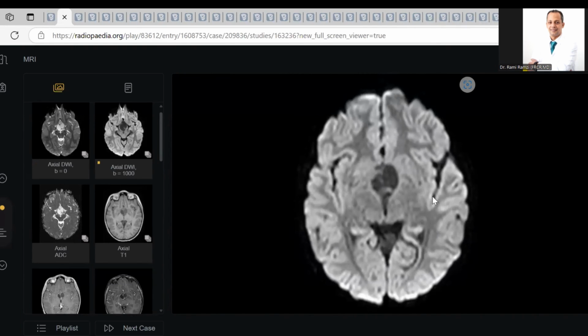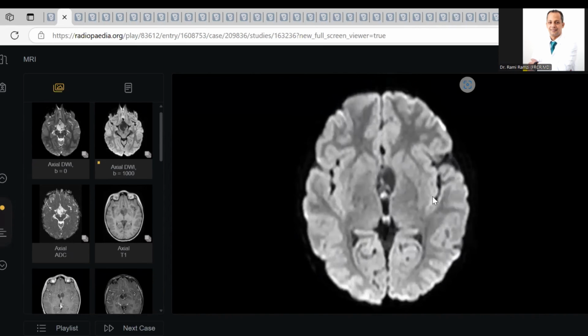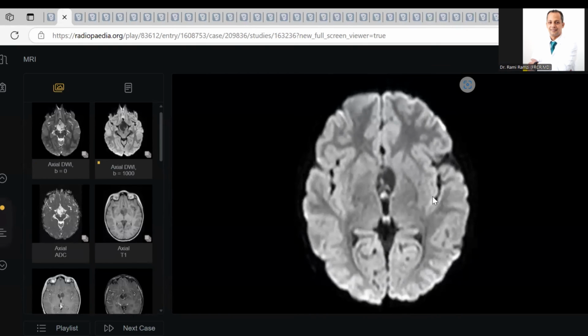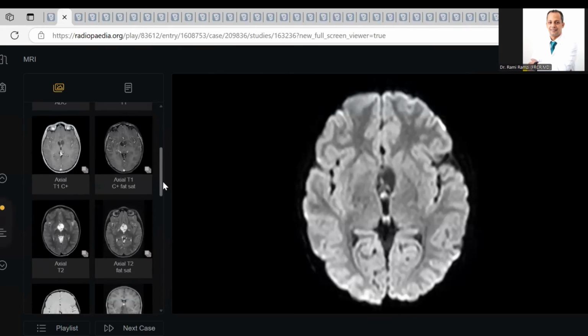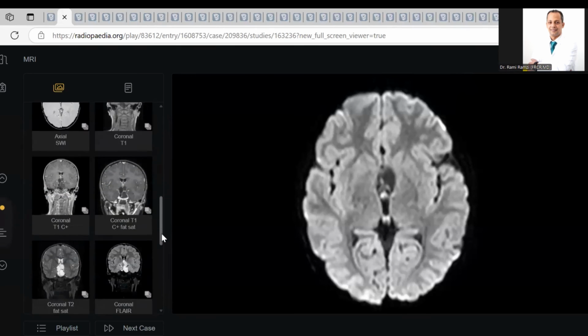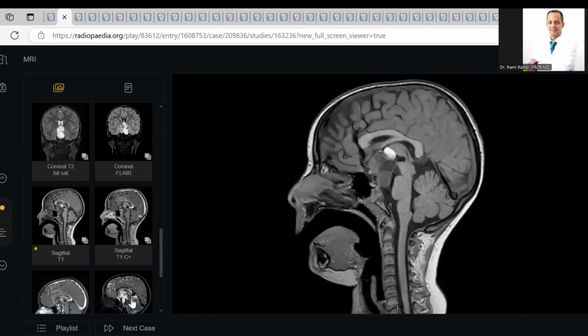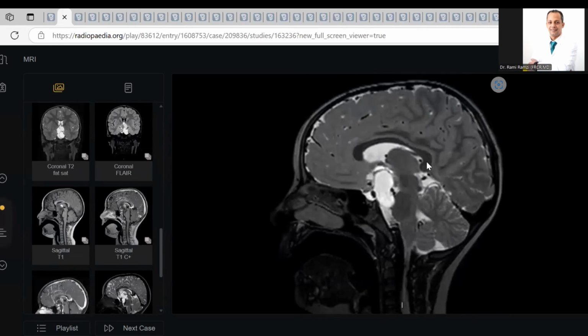Now I would like to see any post-contrast image if available, and other planes, the sagittal or coronal.